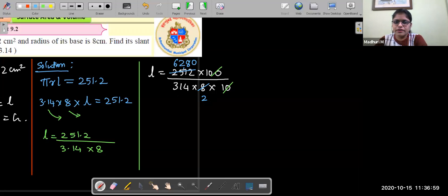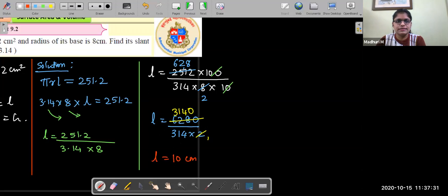And then we are left with, just check, this 0 is from the 10, so we are left with L equals 6280 over 314 times 2. Okay, so clearly you can see this is twice. If you cross this out, we are left with 1, and this would be 3140, right? And now see, the calculations become so easy. Clearly 314 match, so that would be 10 times, so that gives us L equals 10 centimeters.